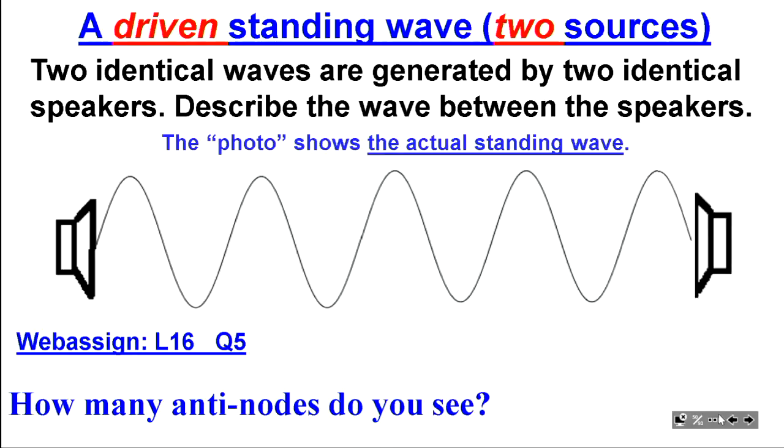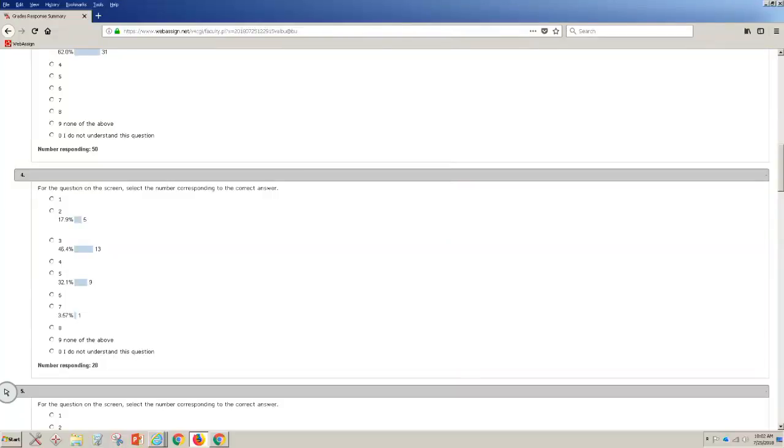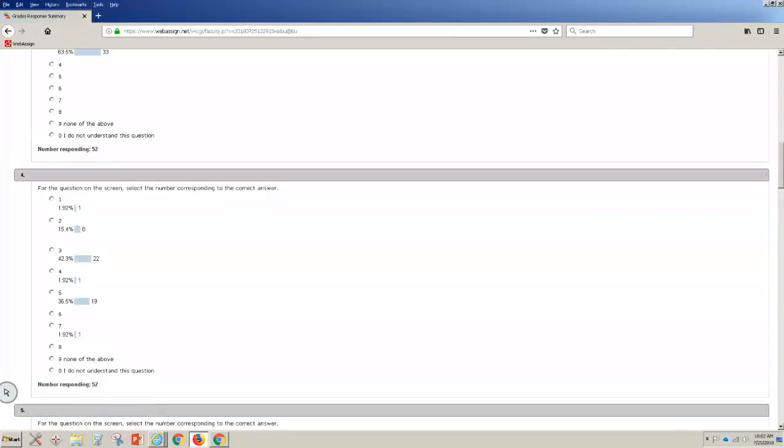I will grade it based on your answers on a twofold scale, just A and F. Question number 5.